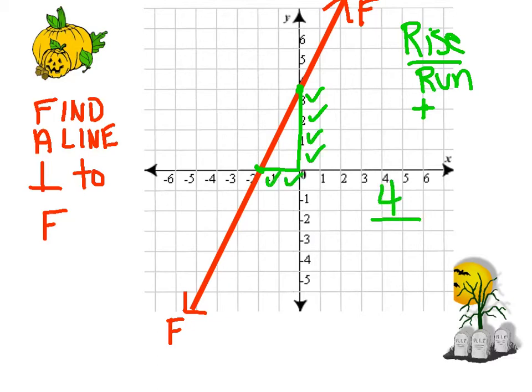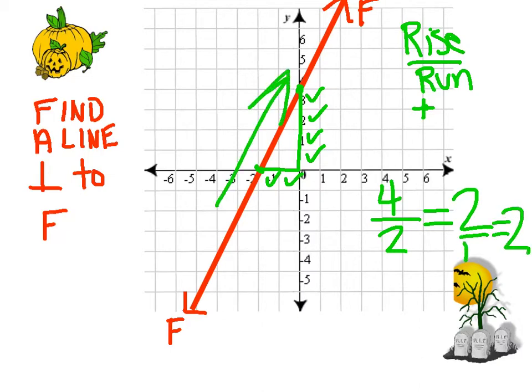Our run is going to be 1, 2. 4/2 can be reduced to what? 2/1, which can be reduced to 2. The line is going this direction. What does that mean? Yes, so our slope is positive 2. What's our y-intercept? It should be 4. Yep, it should be 4.